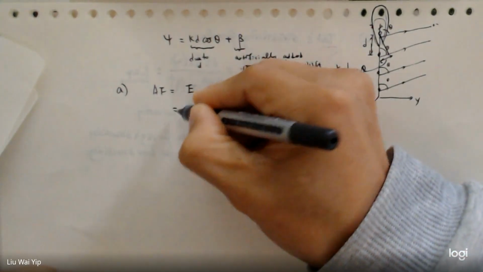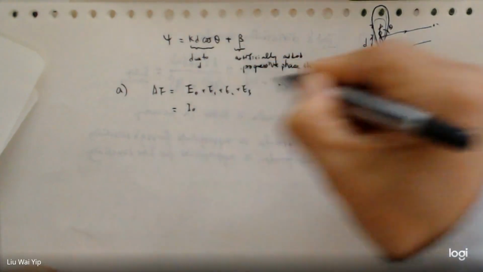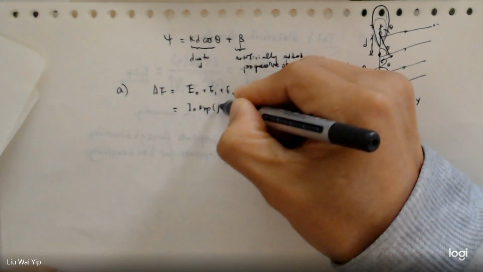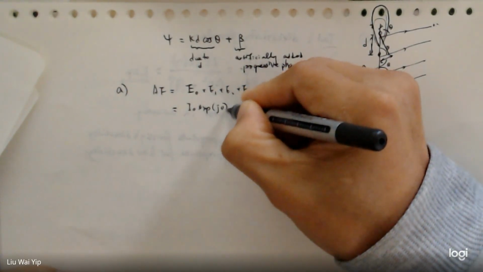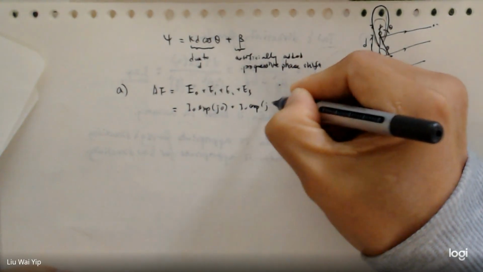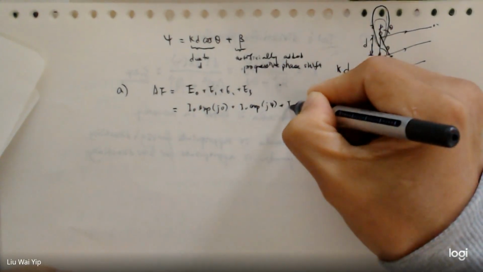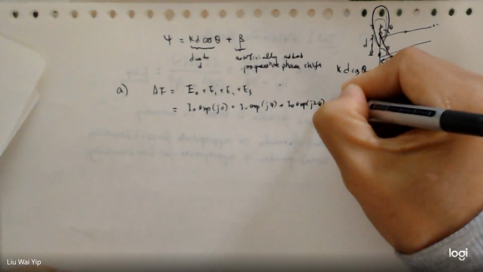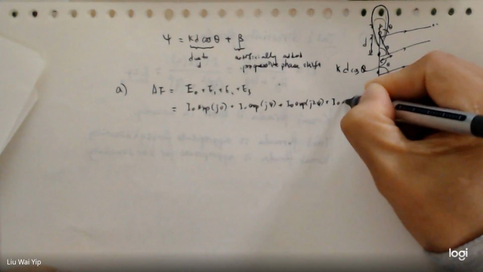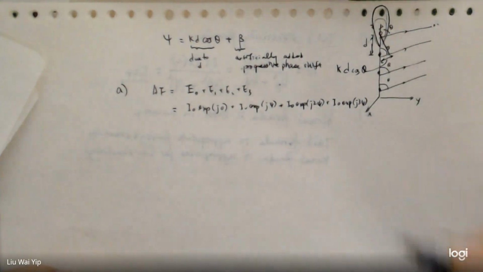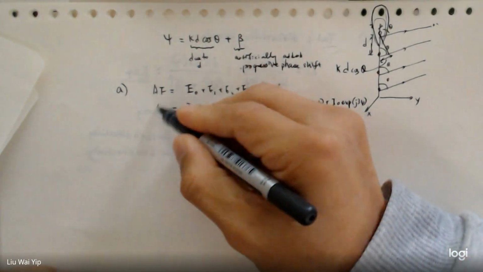If we do it carefully, the first one has nothing to compare with, so its phase will be zero. So this is what I get. This is equation one.